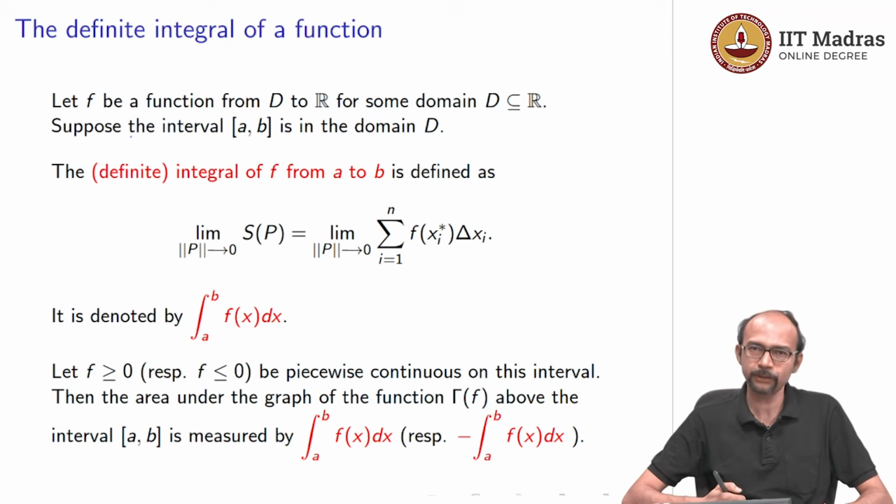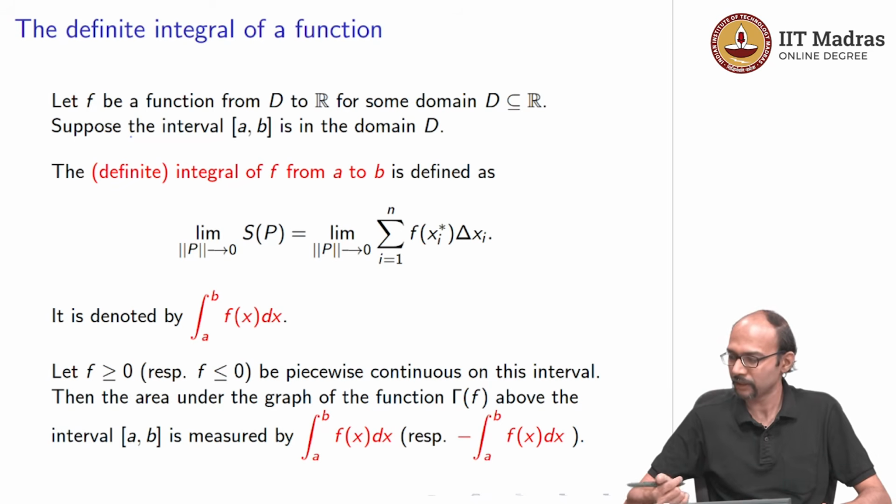And if f is negative, we have to qualify that as well, because remember that the definition that we have made never assumed that f is positive or negative, it held for any function. So if f is negative, what does this number tell you? Well, that is also the area, but it is the area above the graph below the interval a comma b.